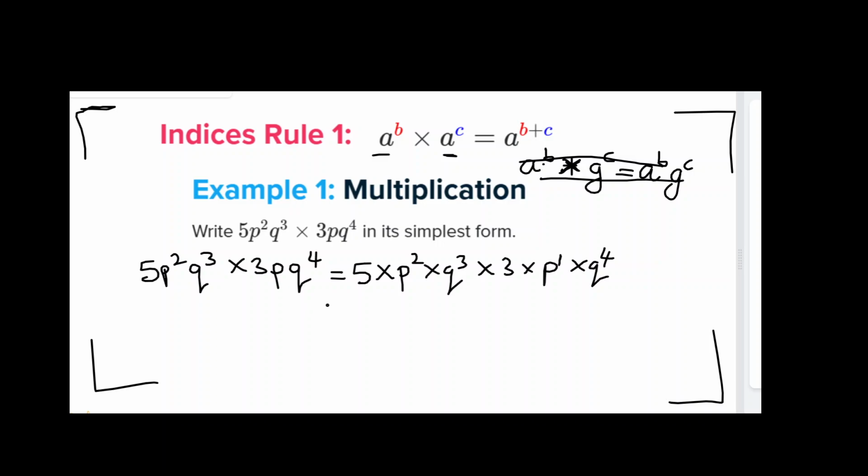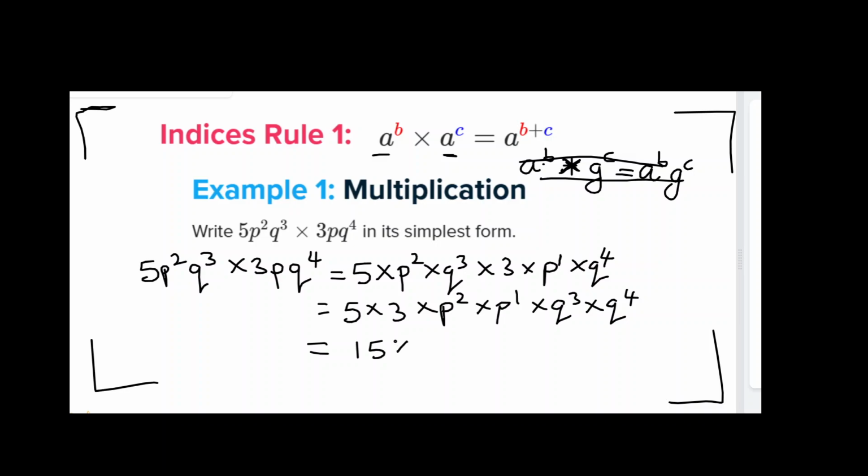Okay, so we can bring all the like ones together. I can rearrange it like this: 5 times 3, and I've got all my p's, so p to the power of 2 and p to the power of 1. Then I have all my q's, q to the power of 3 and q to the power of 4. Okay, so 5 times 3 is 15.